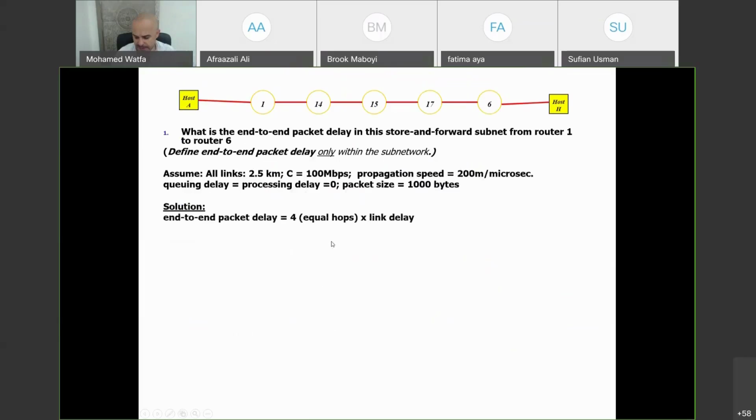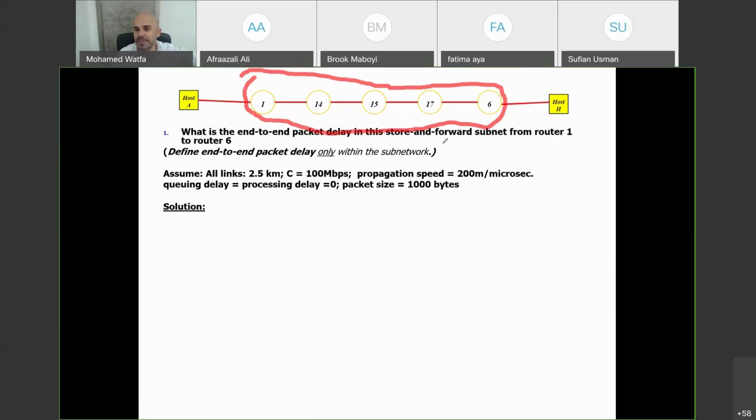So we want to find the end-to-end delay from A to H. First of all, how many links do I have in the subnet? Where is the subnet? This is the subnet, guys. Don't forget. How many links do I have? Yes, 1, 2, 3, 4. We have 4 links.